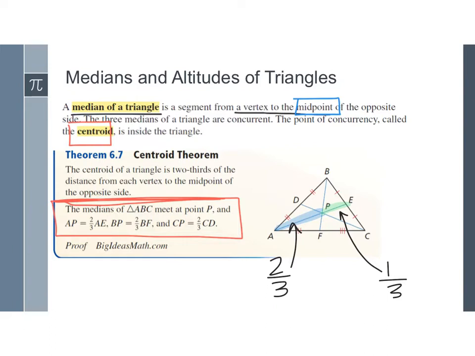And it's the same for this little side, that little side. All those green sides are going to be 1/3, and all the blue sides are going to be 2/3.